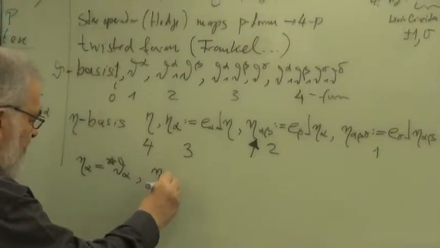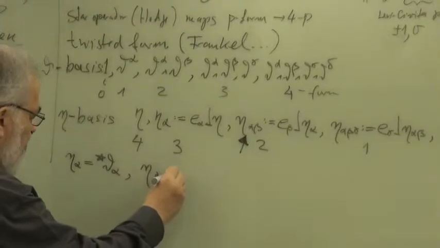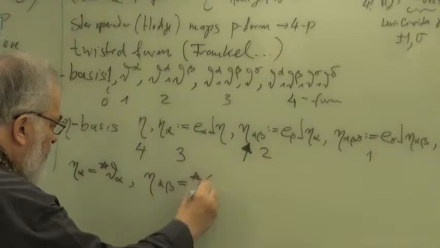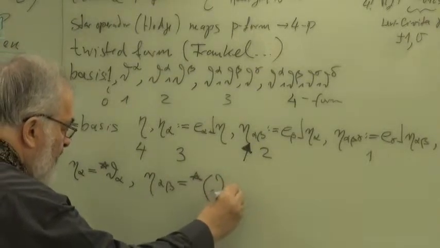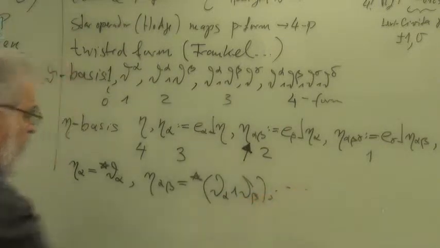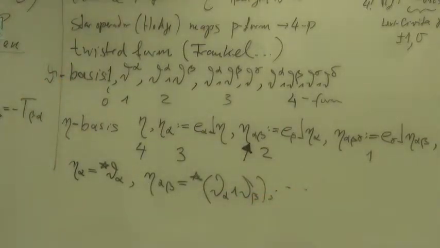And eta alpha beta, the 2-form, is the Hodge star of theta alpha wedge theta beta, etc. It's always a Hodge star of the corresponding product of the coframes. So this is sort of just a remark.